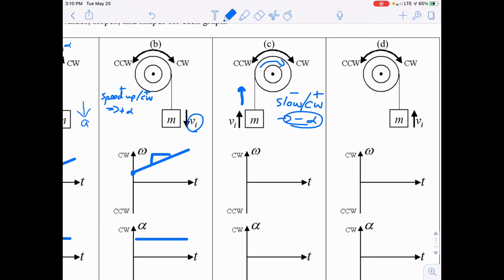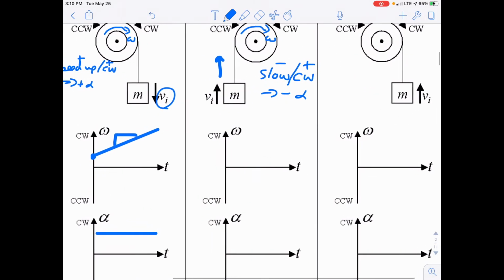So anytime we have a negative acceleration, we slow down, the acceleration goes opposite the omega. So again, in this case, omega was going clockwise, alpha was going clockwise, but here we're slowing down in the clockwise direction, which means the acceleration is really counterclockwise, or negative.